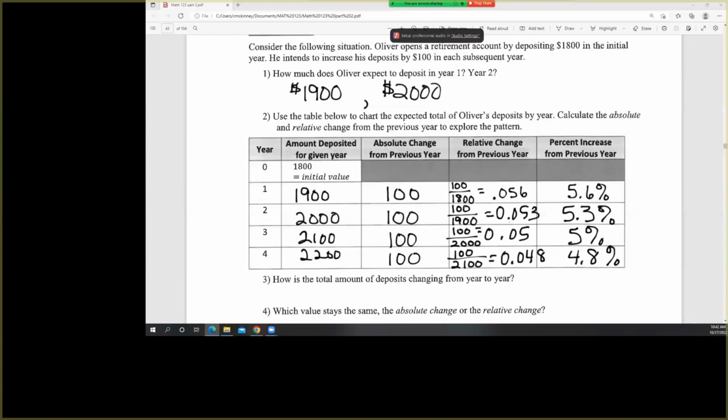So then we have some questions below the table. How is the total amount of deposits changing from year to year? So, increasing.